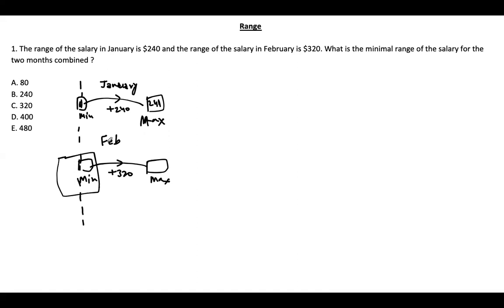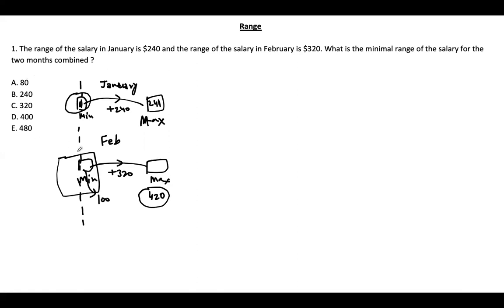What can be the minimum value in February? 1. Yeah. Okay. See, if you're not sure, you can assume any value. Let's say 100. Okay. So this value would be 420. So right now, what is your range coming? Minimum value, which is 1, and maximum value, which is 420, which is 419.